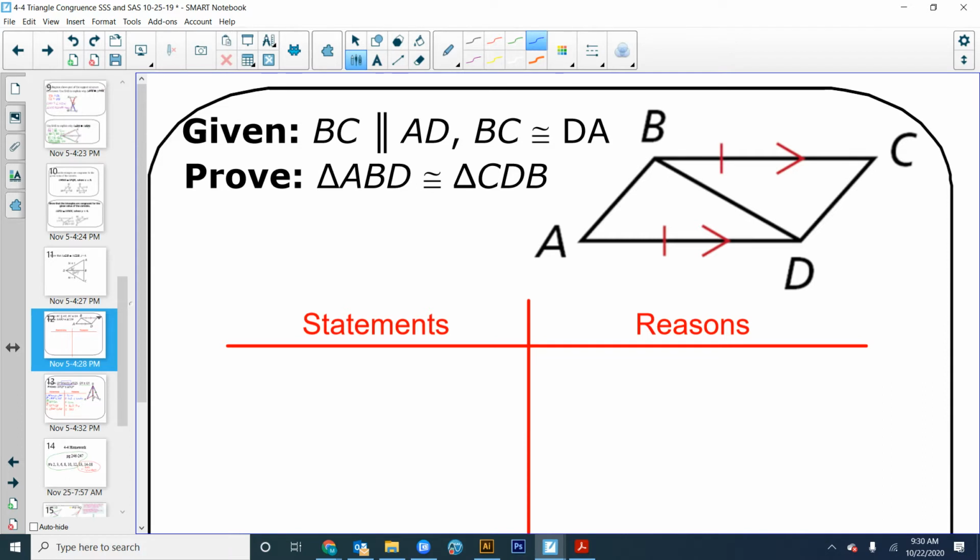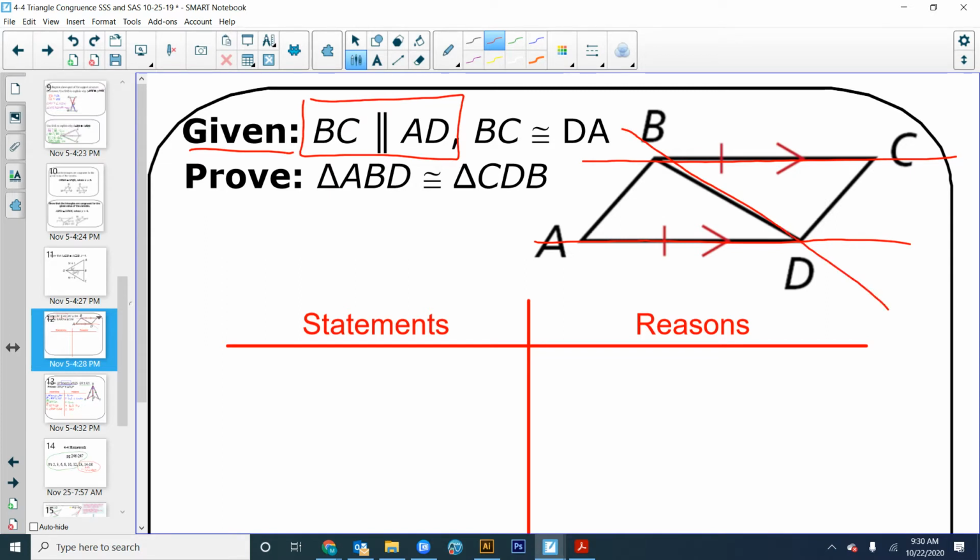So here's the first pattern. When you see parallel lines, which in the given, we're told 2 pairs of segments are parallel. Okay, well, look up here. Parallel lines. Transversal.